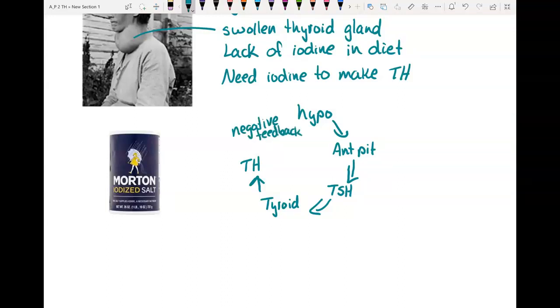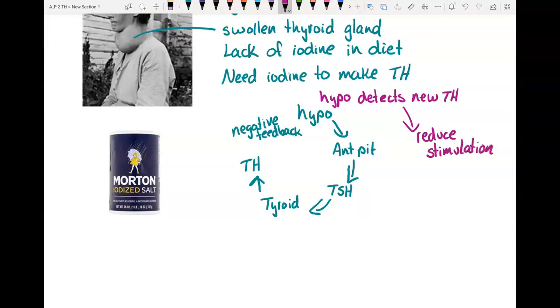So then your hypothalamus sees that you have thyroid hormone, and then it stops doing this. So it will lay off on the stimulation. Because you're just trying to maintain the right amount of thyroid hormone.